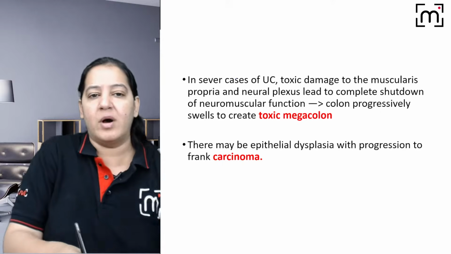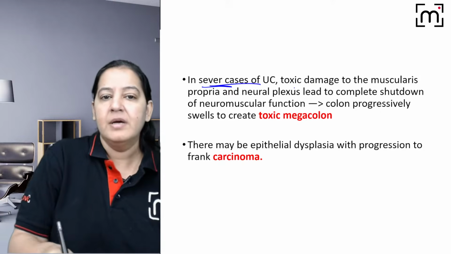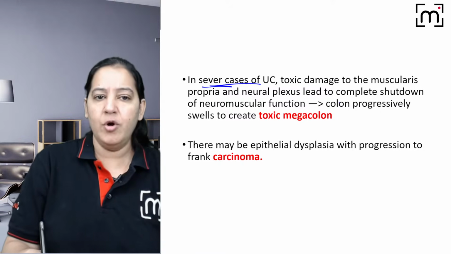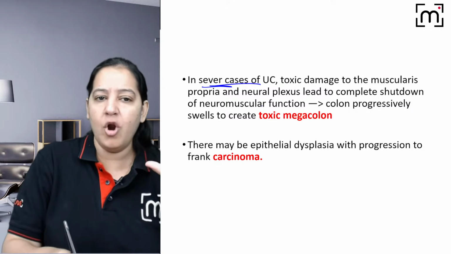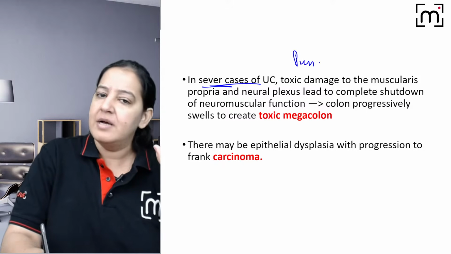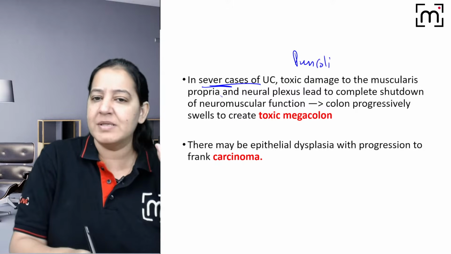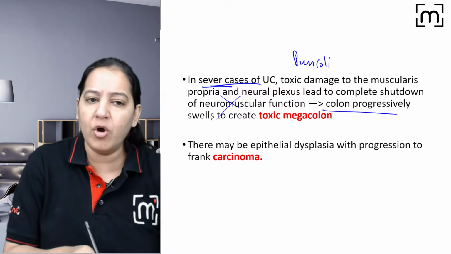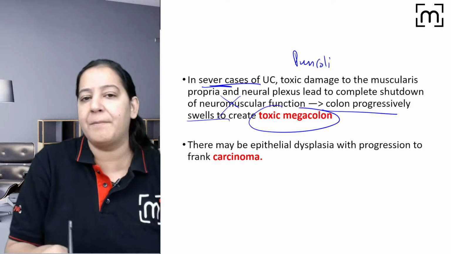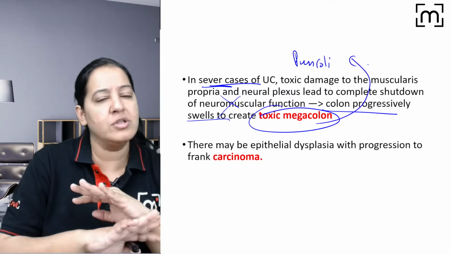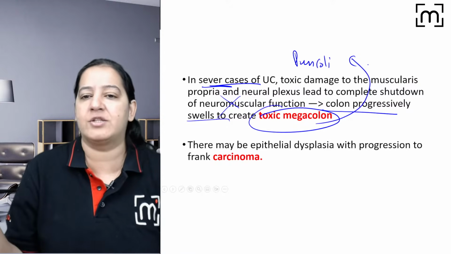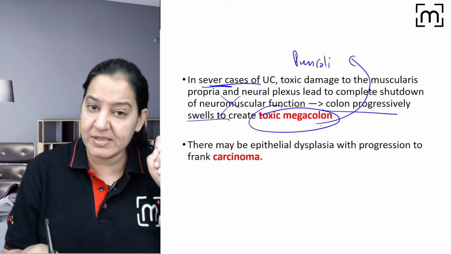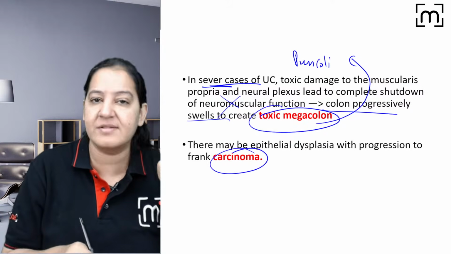In severe cases, what happens? When pancolitis is there, the complete colon is involved and the neuromuscular function just shuts down. The colon stopped working. The colon just swells up. It is known as toxic megacolon. The complete colon is not working at all. It is known as toxic megacolon and sometimes it can result in carcinoma.